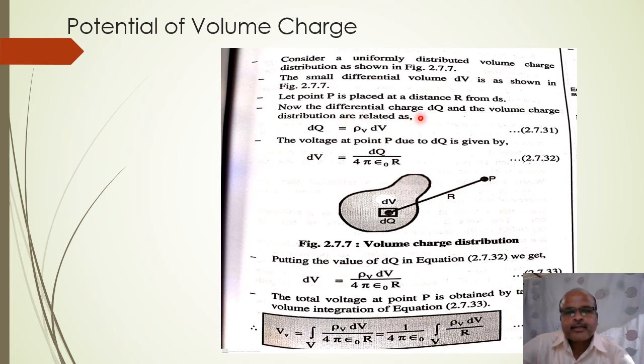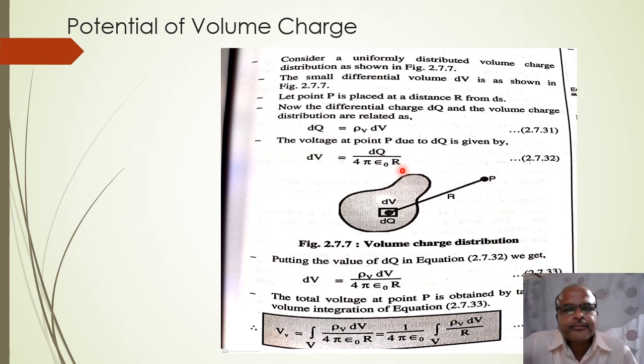Now the differential charge dq and the volume charge distribution are related as dq is equal to rho v into dv. This is a formula from Gauss law. We can say q is equal to the integral of rho v dv, but in differential form we can write dq is equal to rho v dv. So the voltage at point P due to dq is given by dV is equal to dq upon 4 pi epsilon 0 r.